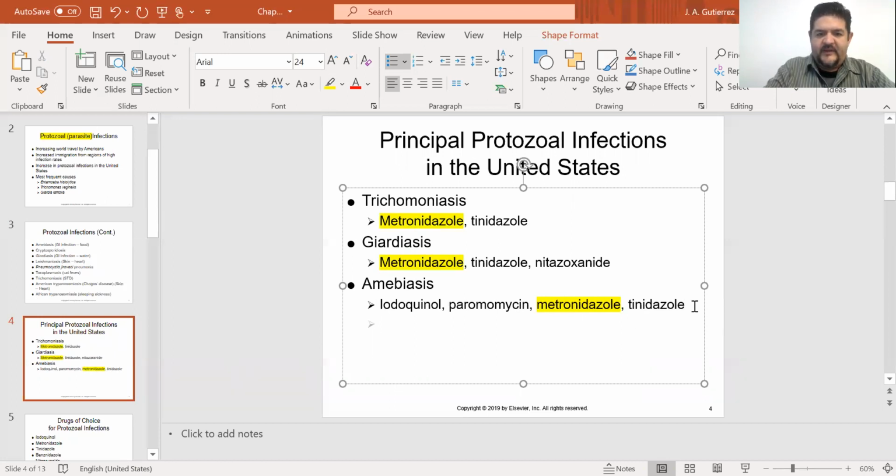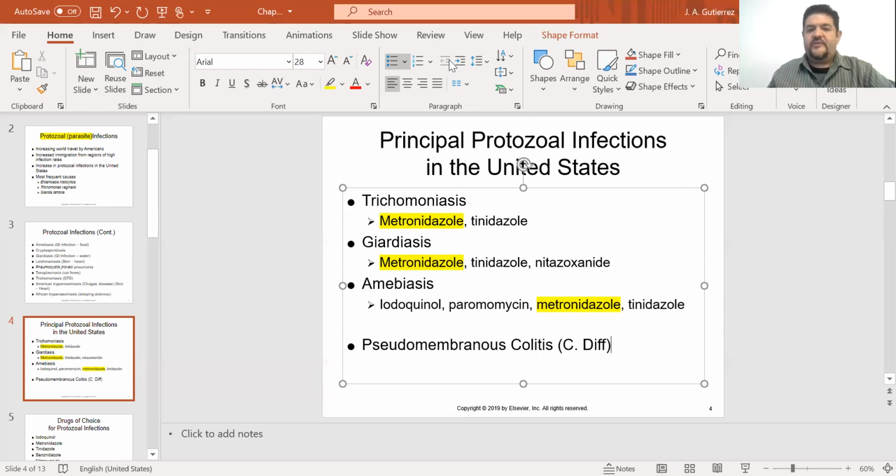So far, we have mentioned that metronidazole is also used for pseudomembranous colitis caused by Clostridium difficile, or C. diff.